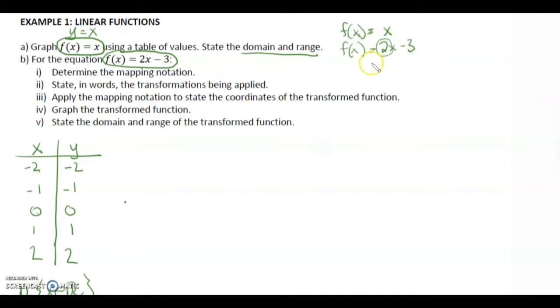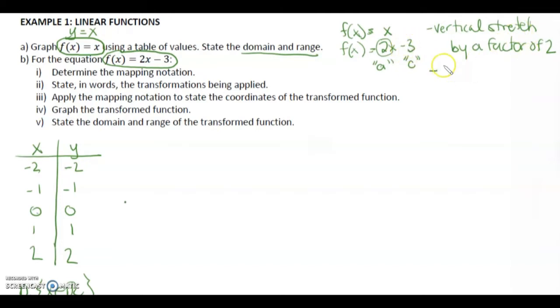So this 2 is the a value, and this -3 is our c value. So this 2 means that we're going to have a vertical stretch by a factor of 2. Okay, and you have to write all those words down.